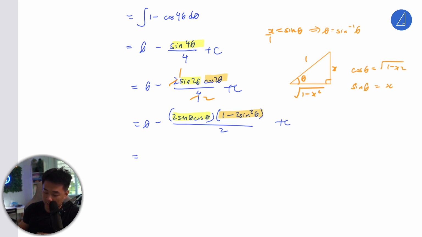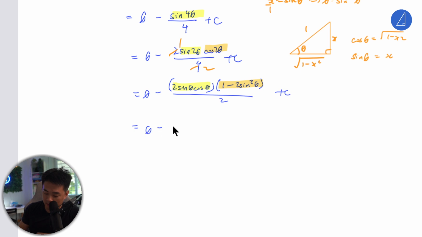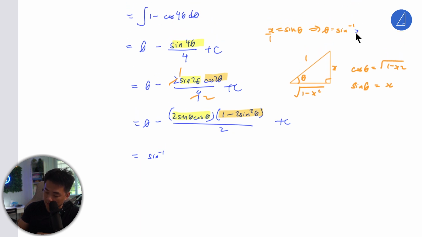So we only have these two. So I'm going to just write this as theta equals sine inverse x, right? Minus of, you cancel this. Sine theta will be x. Cosine theta is square root of 1 minus x squared, so 1 minus 2x squared.